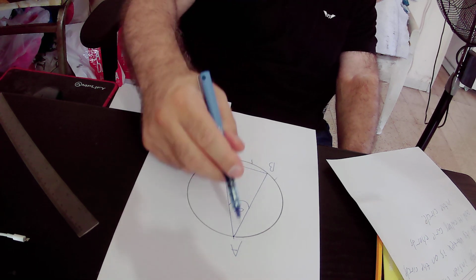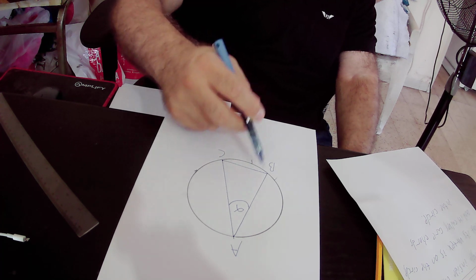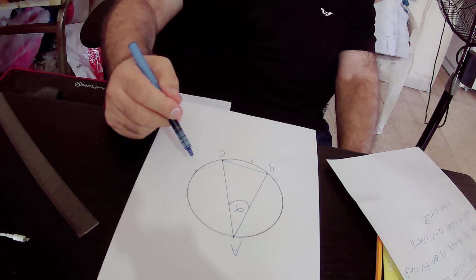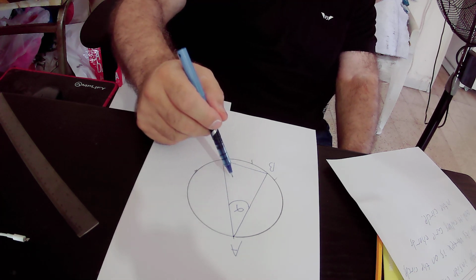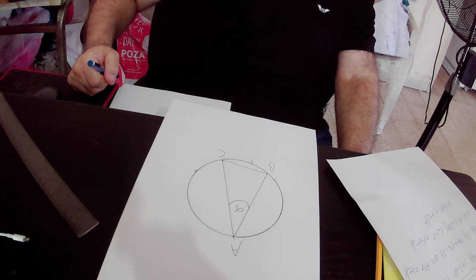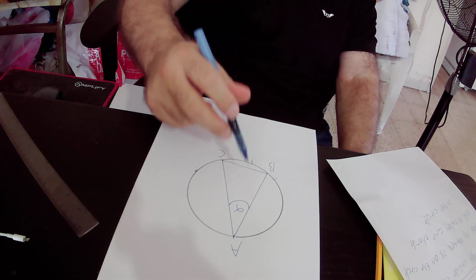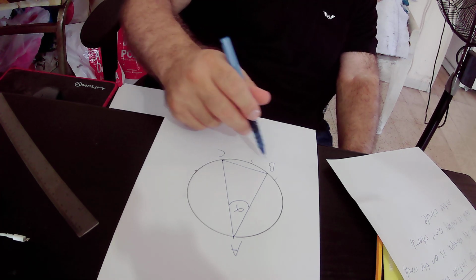Curve AB of angle alpha is a chord in the circle, and also curve AC of angle alpha is a chord in the circle. And also we can say that the peripheral angle alpha rests on chord BC.